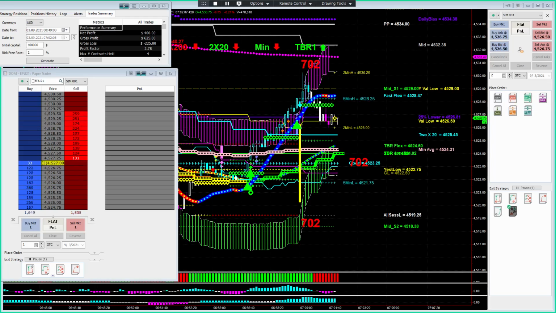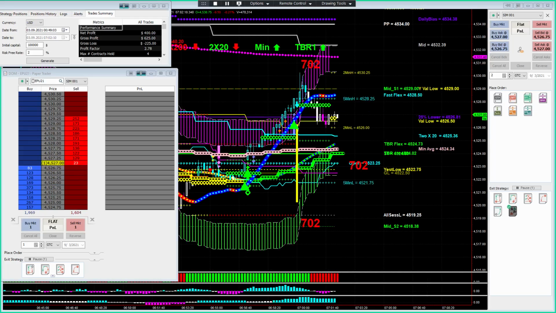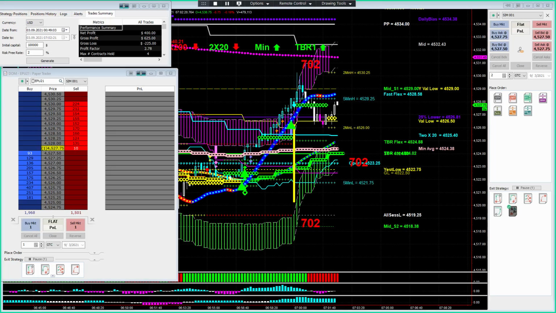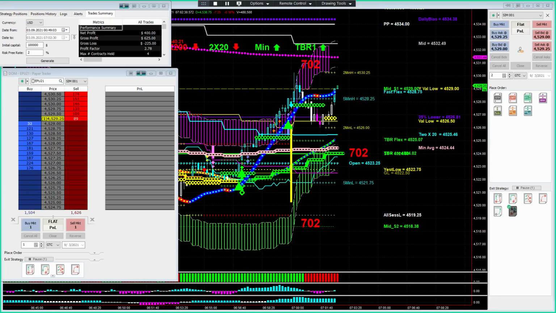Here's the 702 close. I started to go long there, but we're trying to implement a 3-minute rule after each hour change as well.